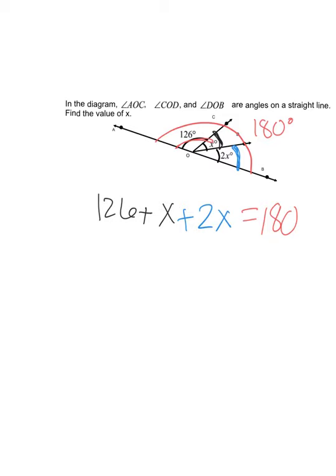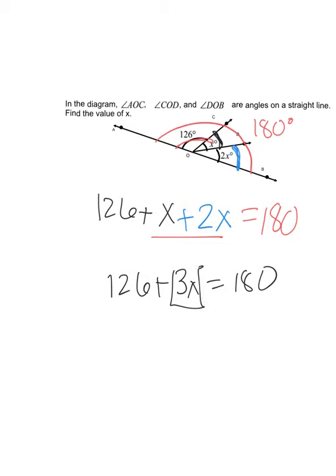Now I'm going to solve my equation. Those are like terms, so I'm going to add them together. 126 plus 3X equals 180. Now I want my variable term by itself, so I'm going to subtract 126 from both sides. I'm left with 3X on the left-hand side because 126 minus 126 is 0. And on my right-hand side, I'm going to subtract, and get 54.